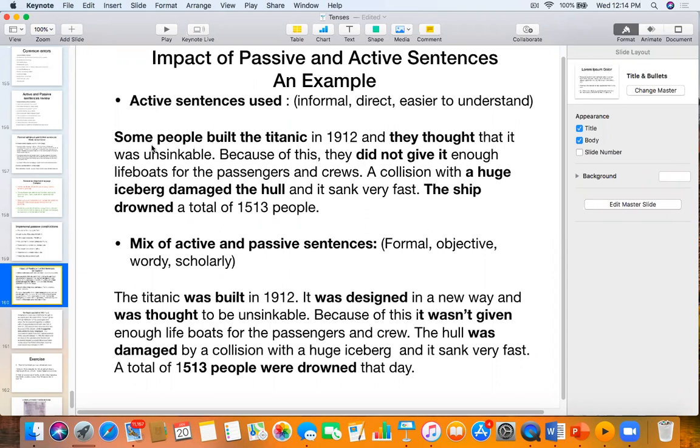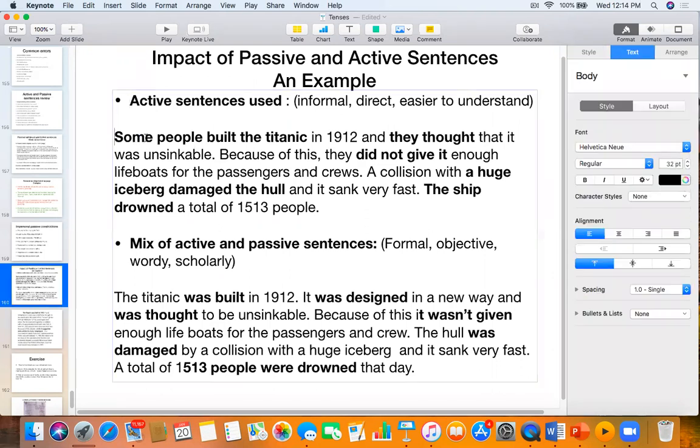All right, so the first one, this part of the story, is written in active, and this is written in passive. But there is a mixture. Here it's all in active. Some people built the Titanic in 1912, and they thought that it was unsinkable.